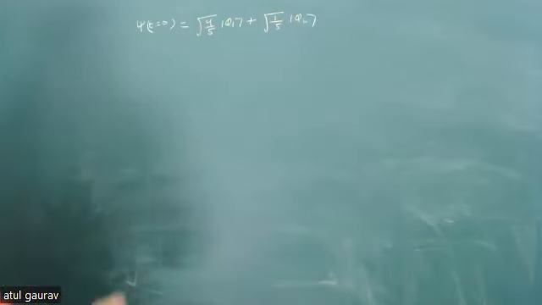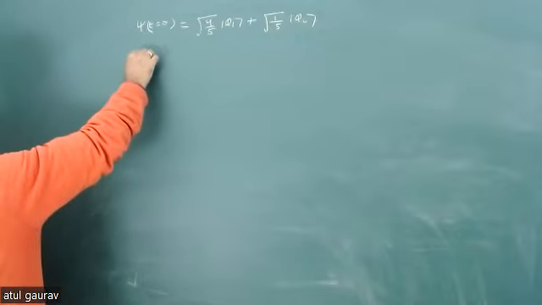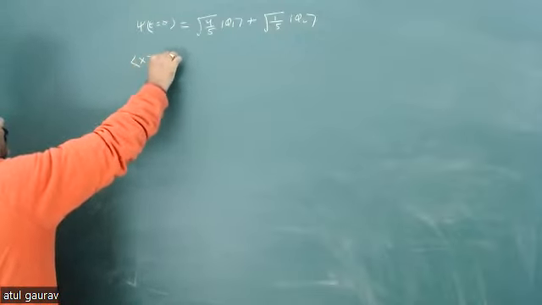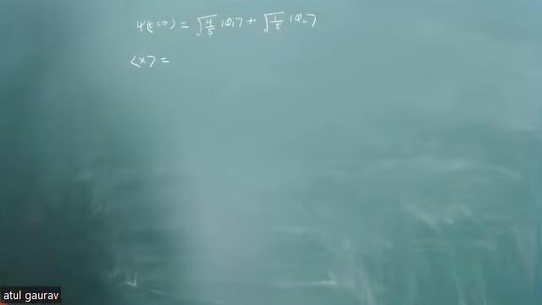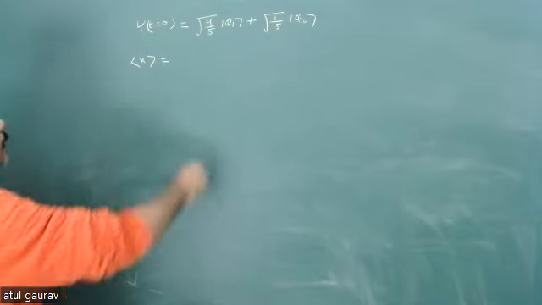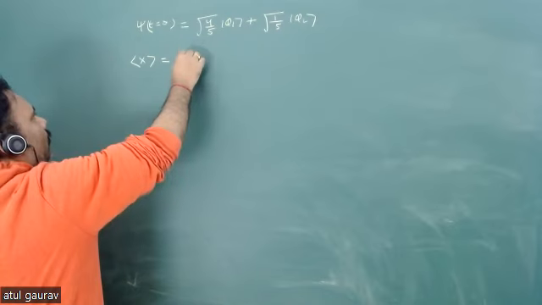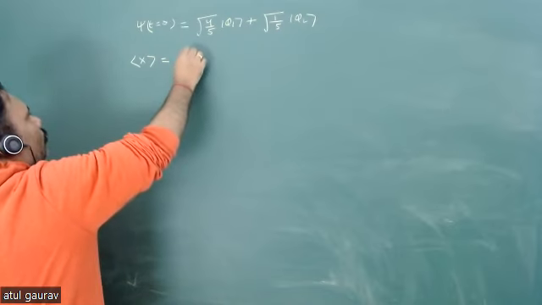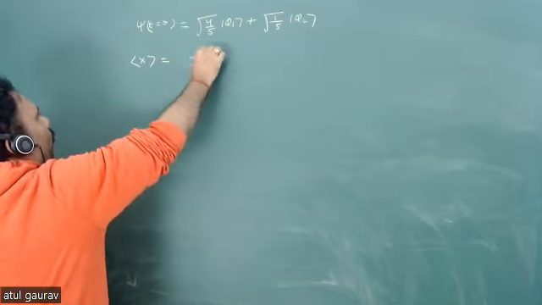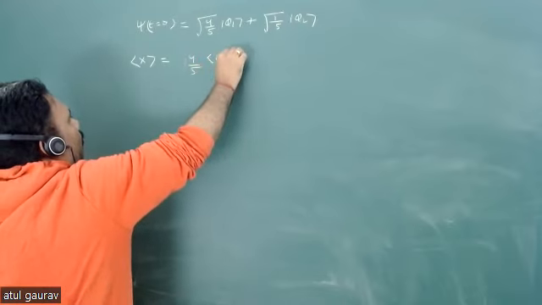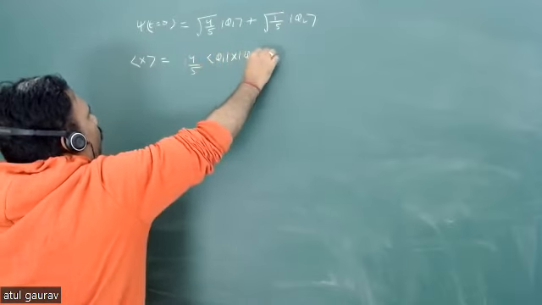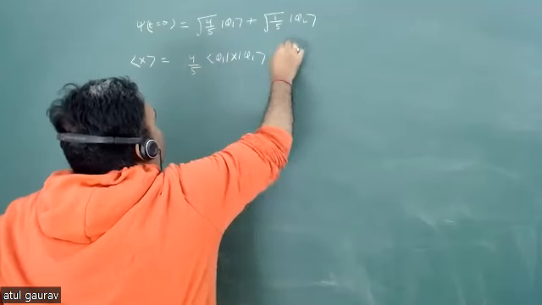What you have to do? You have to calculate expectation value of x at t is equal to 0. So ये फर्स्ट टर्म क्या हो जाएगा? 4/5 phi1 x phi1.